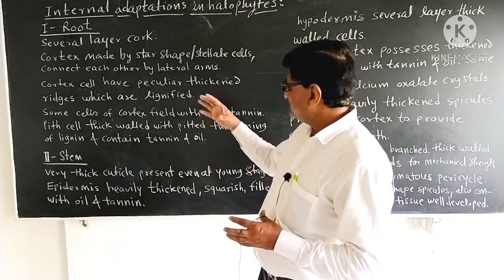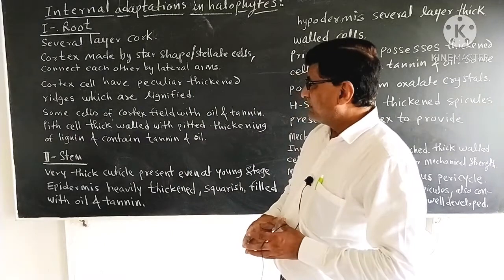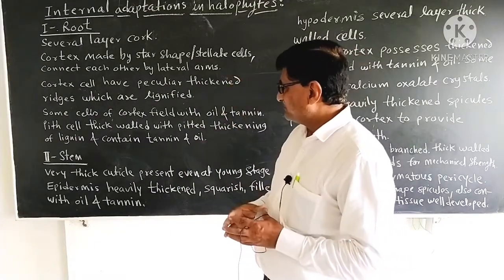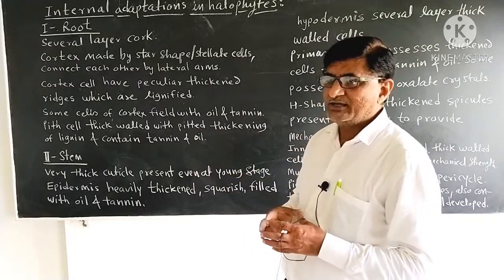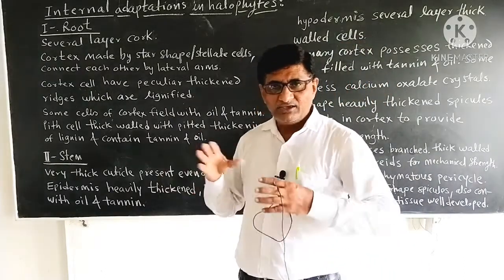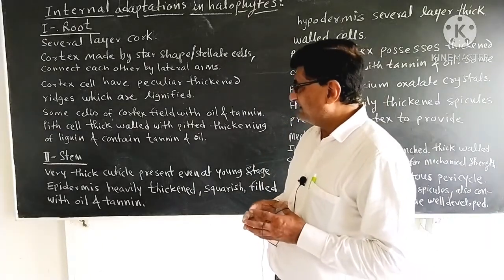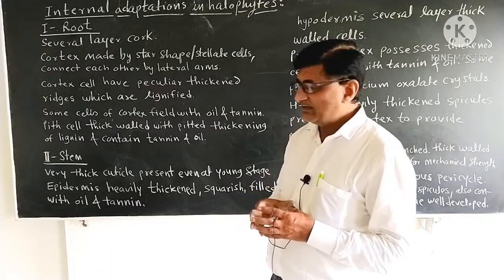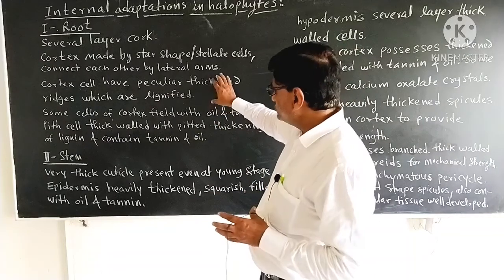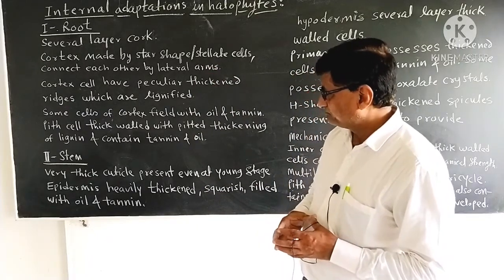These cortex cells have a special kind of thickening along their ridges, and this thickening is lignified. So each cortex cell's arms are heavily thickened with lignin, and that also gives better mechanical strength to the root.